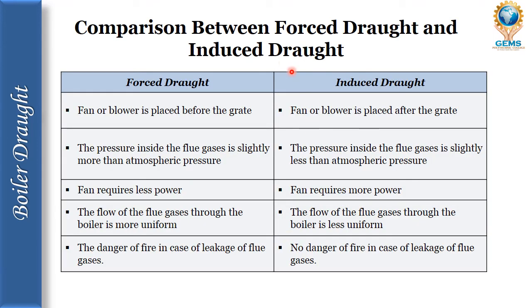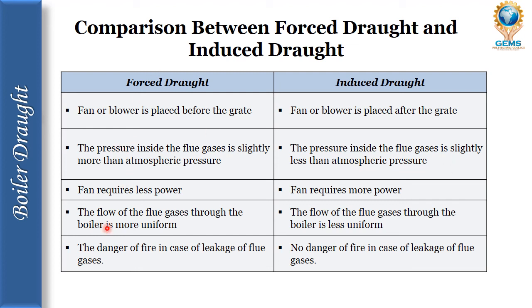Now let's see the comparison between forced draft and induced draft systems. In a forced draft system, the fan or blower is placed before the grate, and in an induced draft system, the fan or blower is placed after the grate. In a forced draft system, the pressure inside the flue gases is slightly more than the atmospheric pressure, and in an induced draft system, the pressure inside the flue gas is slightly less than the atmospheric pressure.